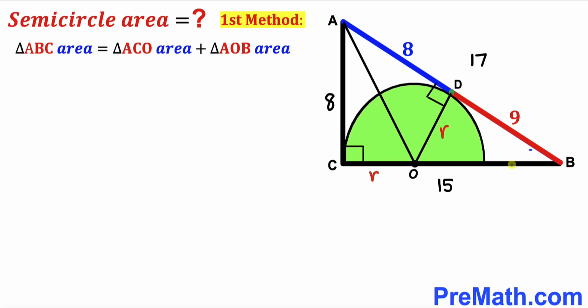Here's our triangle ABC, and this is our right triangle ACO. And finally, this triangle is our AOB triangle. Now we are going to calculate the area of all of these three triangles. And now let's recall the area of a triangle formula.